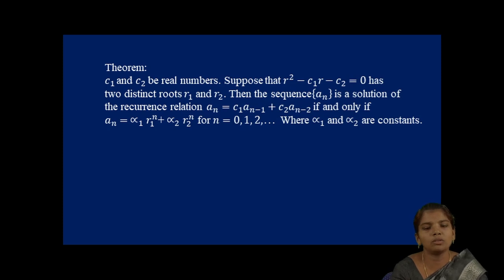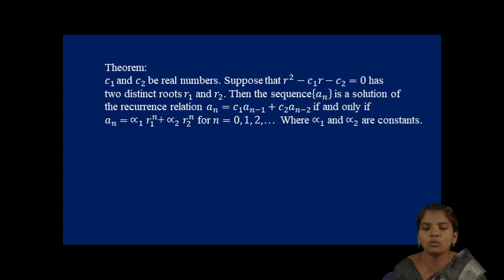Now we are going to see one theorem statement. Let c1 and c2 be two real numbers. Suppose that r squared minus c1 r minus c2 equal to 0 has two distinct roots r1 and r2.